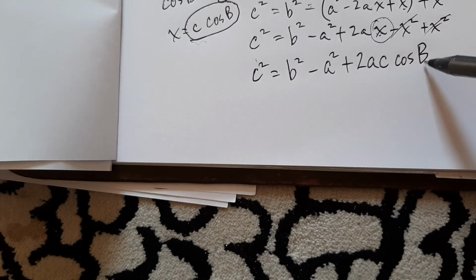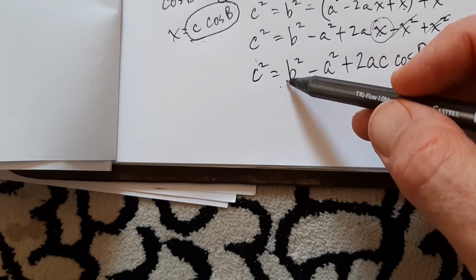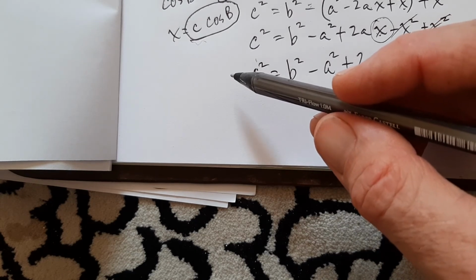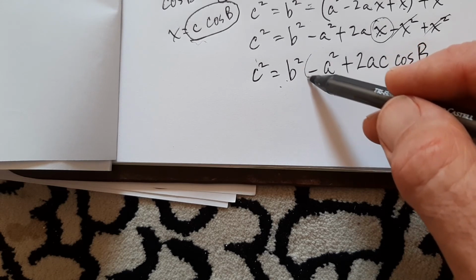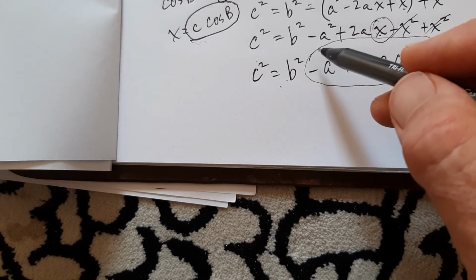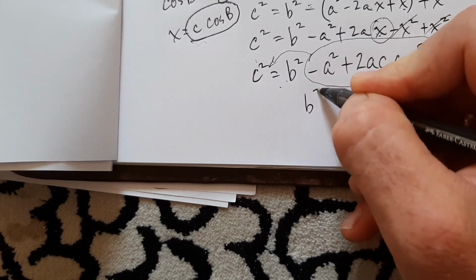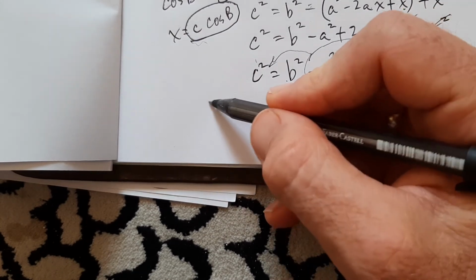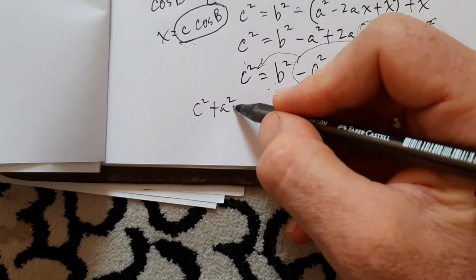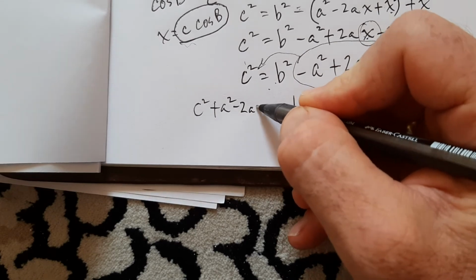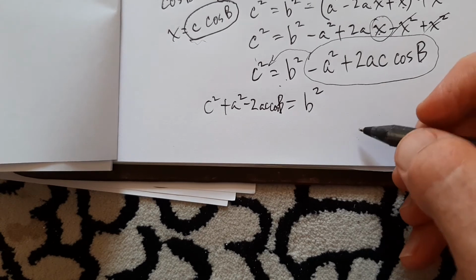I am looking at cosine of B, and it's the law of cosines, so b is what needs to be over. If I move these over to the other side of the equal sign, I will wind up with b squared equals c squared plus a squared minus 2ac cosine of B. Let me rewrite that.